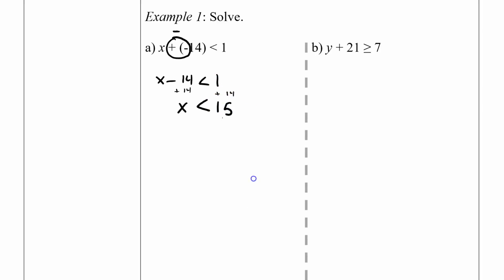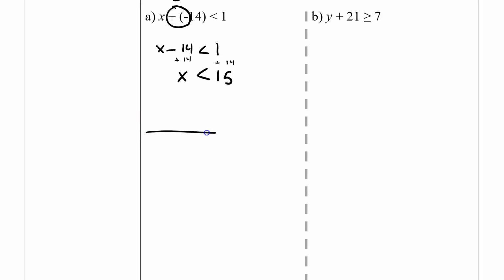That's fabulous. Now we also need our number line, which extends to infinity in both directions. My important number here is 15, and I'm going to use an open dot because it's not greater than or equal to. I'm saying x is less than 15.